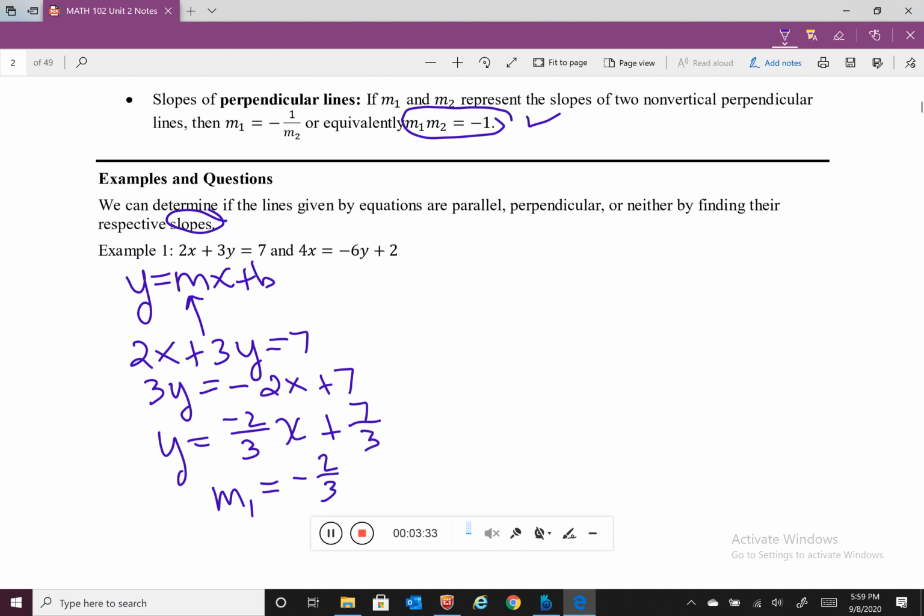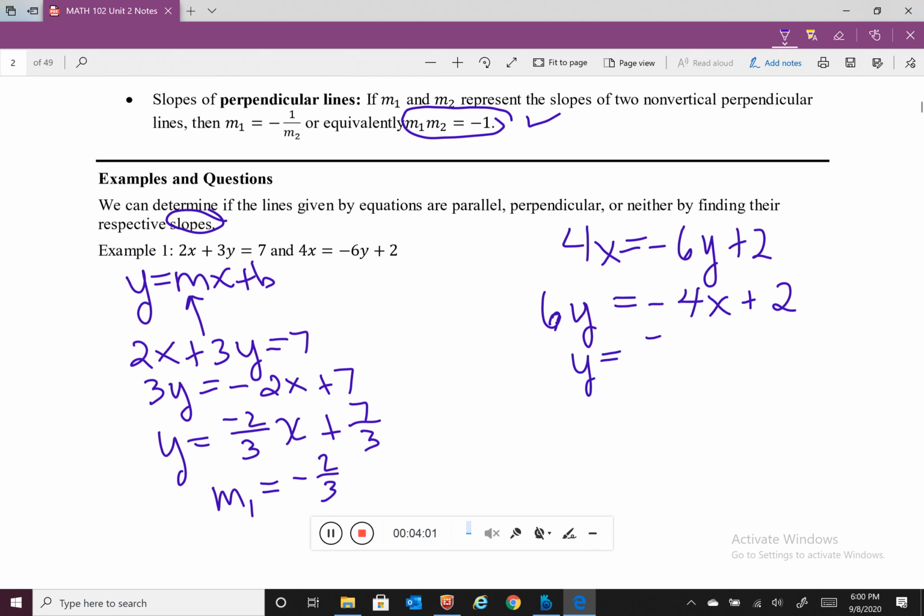For the second equation, we see that 4x is on the left side, and then we have the term with y on the right side. So we need to add 6y, so it's on the left, subtract 4x so that it is on the right, and then divide through by 6. So y is equal to -4/6 times x plus 2/6. And notice everything here can actually simplify because -4, 6, and 2 are all even numbers.